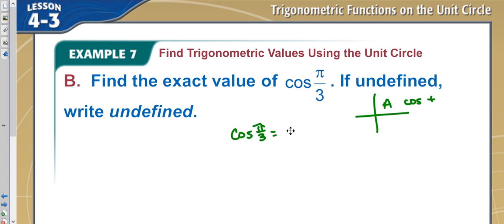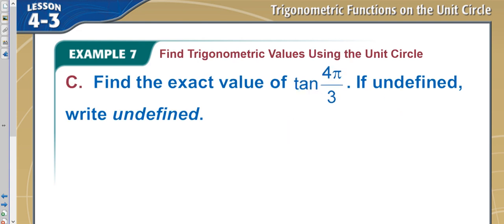I flip my left hand. Sine is y, cosine is x. X is always below the y, so I only have one finger below the bend. So square root of 1, and sine and cosine are always over 2. So it's square root of 1 over 2. Again, that's the same thing as 1/2, except this time it's positive because it's in the first quadrant.